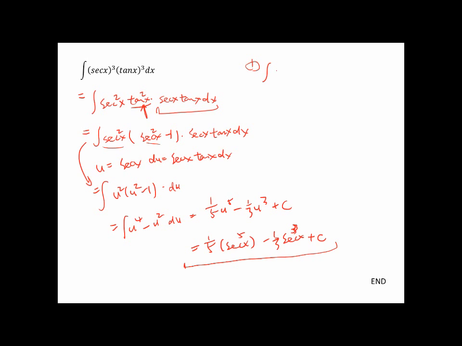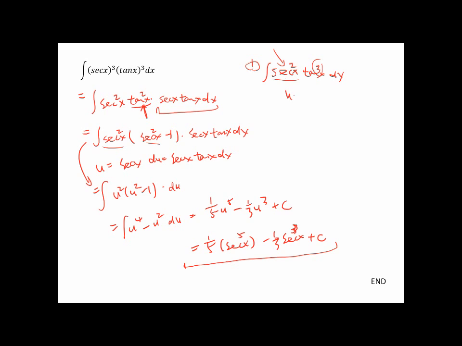When you see, for example, secant x squared tangent x cubed dx, I always want to see secant as my priority. It could be odd or even, but here secant carries an even power, so I want a secant squared. In this case, I don't need to split anything out because it's simply a secant squared.